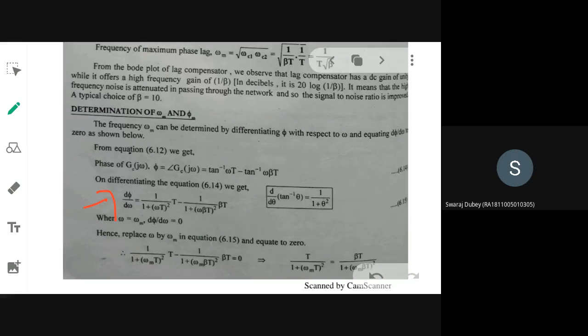So for d phi divided by d omega, there is a tan inverse here. Tan inverse of theta differentiates to 1 divided by 1 plus theta squared, where theta is omega t and omega beta t. That's why this equation came up. This equation you are going to equate to 0, and thereby you will be able to get the maximum value.